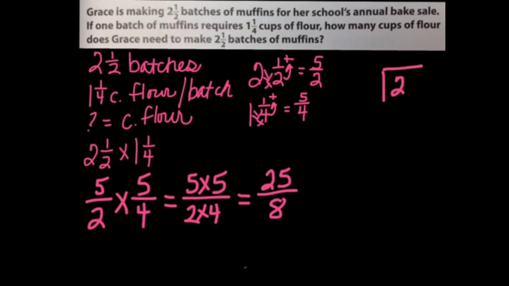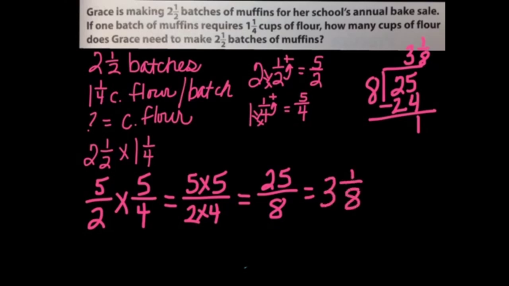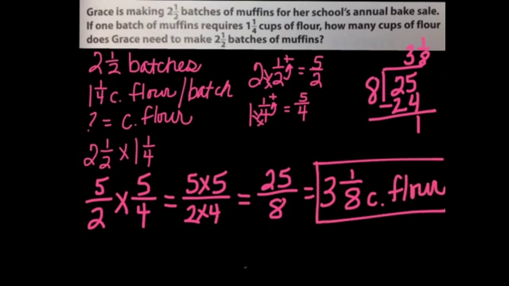So numerator divided by denominator, so 25 divided by 8. 8 will go into 25 3 times. 3 times 8 makes 24. 25 minus 24 gives me 1. Take that 1, put it over your divisor, so that 25/8 is the same as 3 1/8. So she will use 3 1/8 cups of flour for her 2 1/2 batches that she's making.